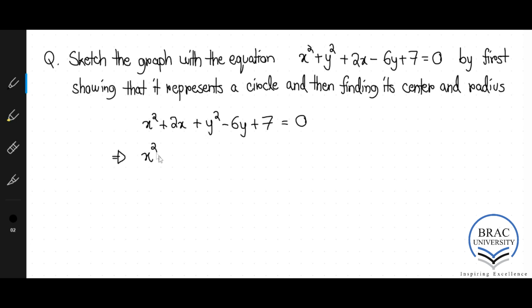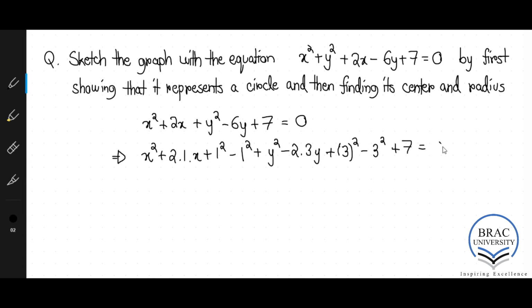So we would go ahead and add a term and subtract that same term. So we now can complete the square.